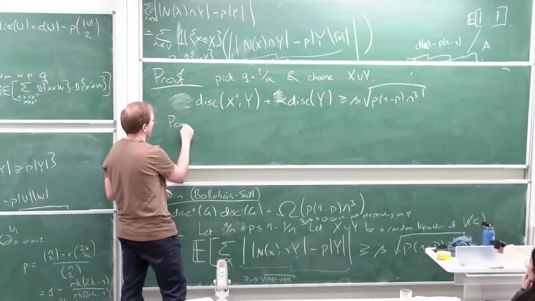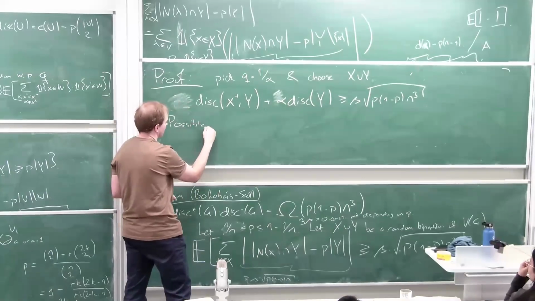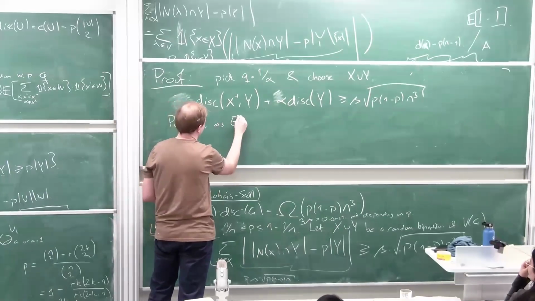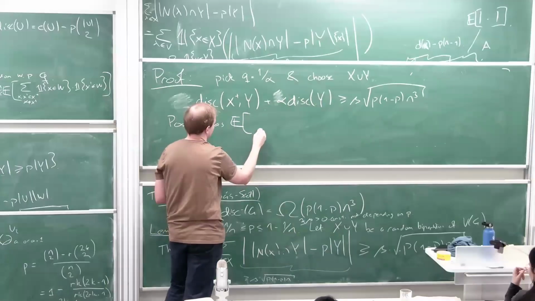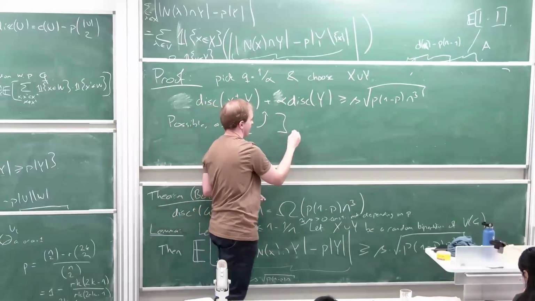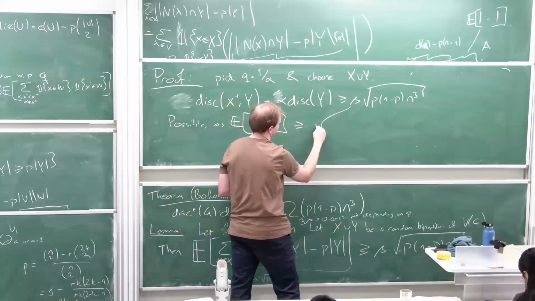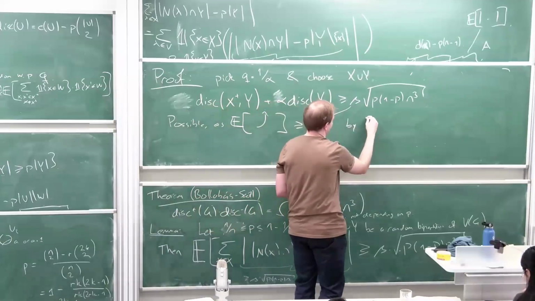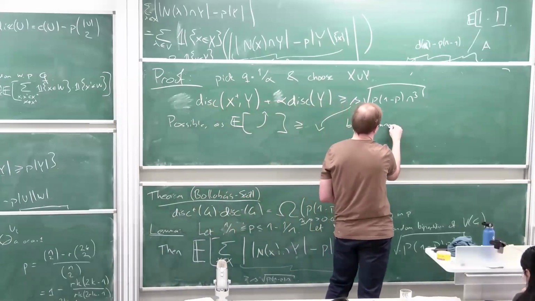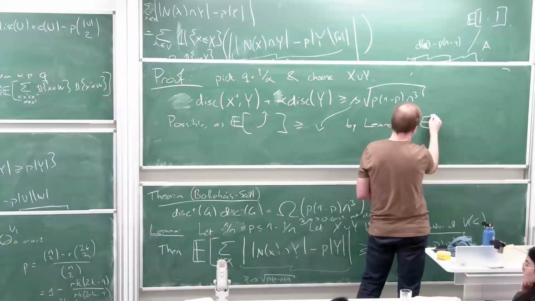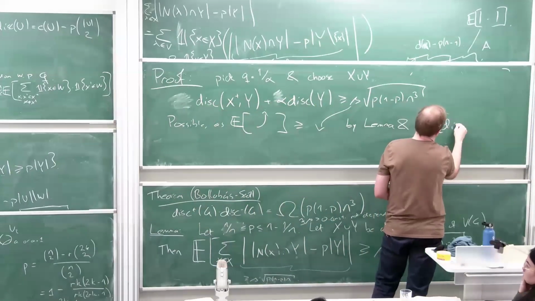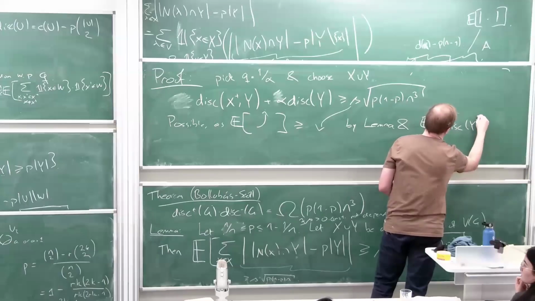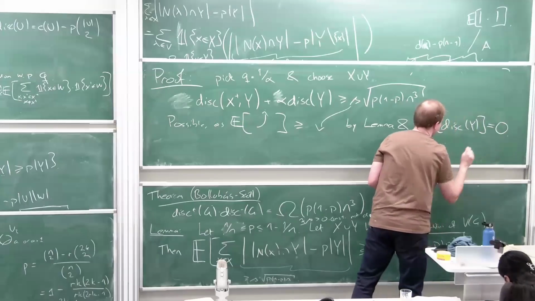And this is possible as the expectation of this guy is at least that by the lemma, and because the expectation of the discrepancy of y is 0.